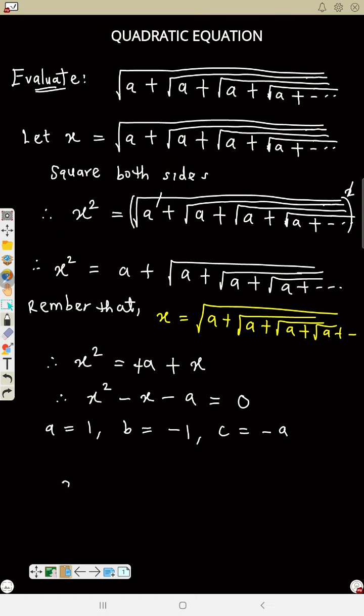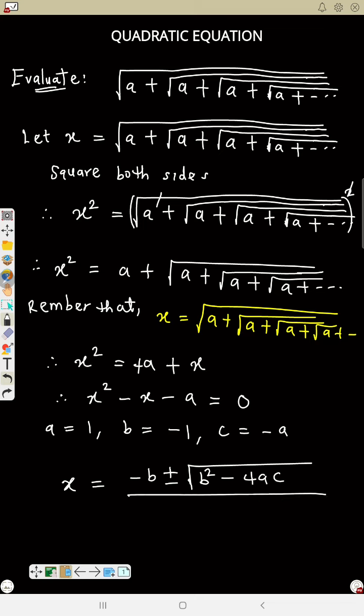The formula is x equals minus b plus or minus square root of b squared minus 4ac, everything over 2a. So now we are going to put all the values into this formula.